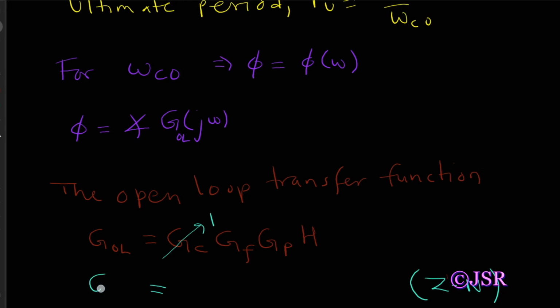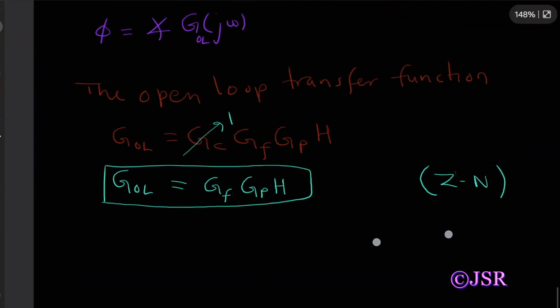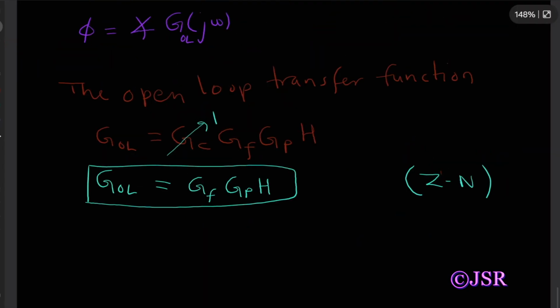So finally the open loop transfer function will become GF, GP, H. We will consider only these three elements while using the frequency response analysis.